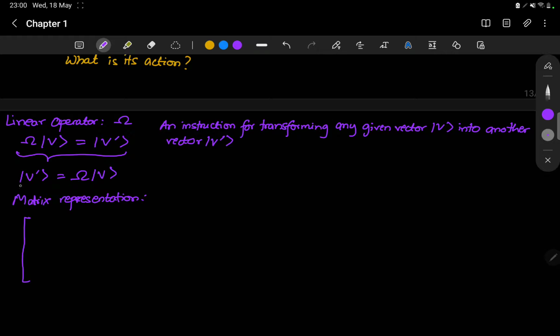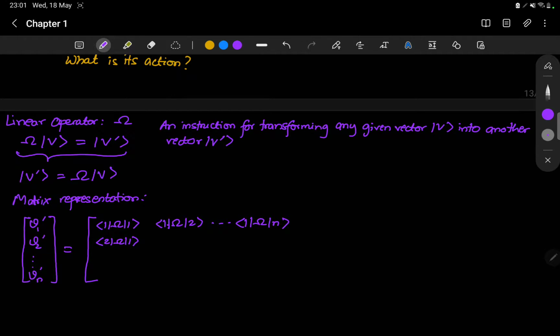We have the components of the vector v prime, then we have the matrix for omega, and then we have the components of the vector v.